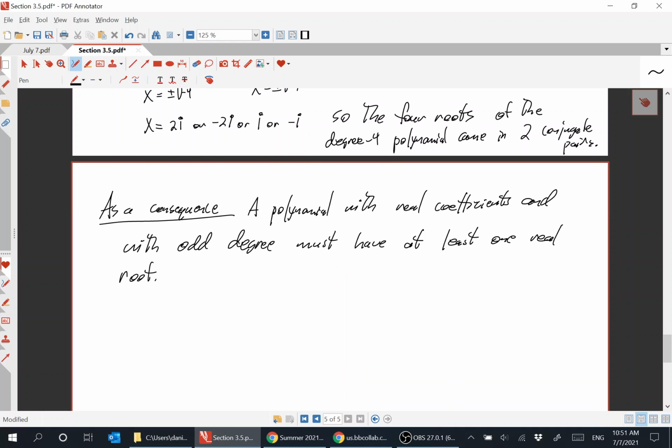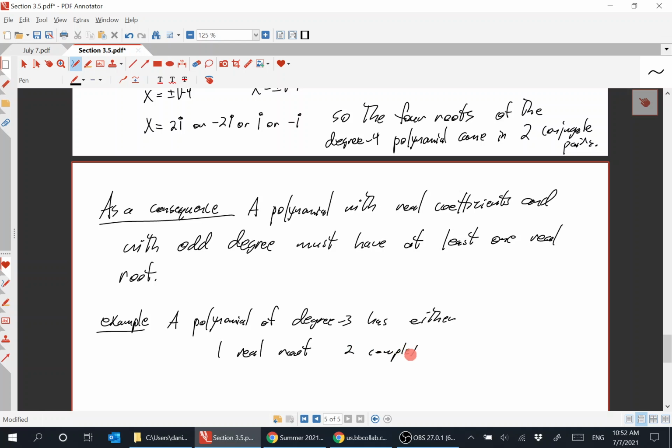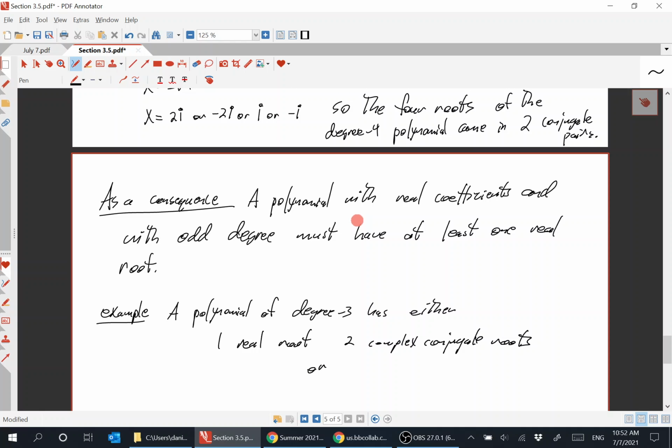So, for example, a polynomial of degree 3 has either one real root, two complex conjugate roots, or 3 real roots.